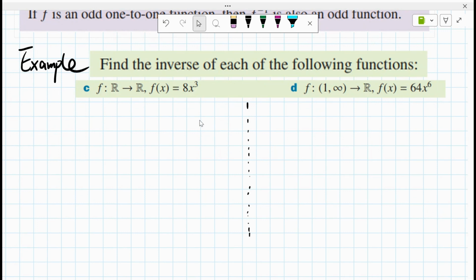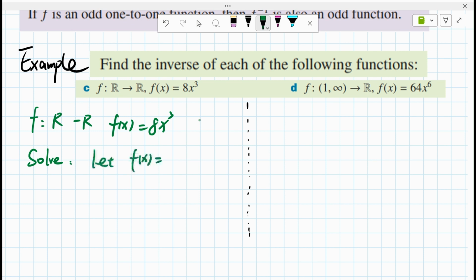Let's find the inverse of f from R to R, f(x) equals 8 times x cubed. All right, first things first, let's solve for the inverse function. So let f(x) equal y. That means y equals 8x cubed. And I switch the x and y, so x equals 8y cubed.